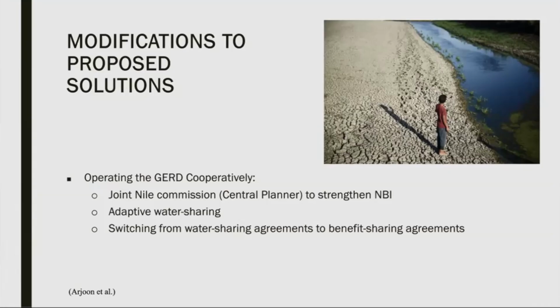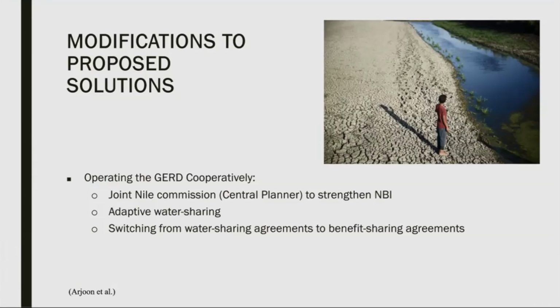And it makes it better for other countries as well, because if they give Egypt a fixed allocation of water, it just doesn't leave enough water for everyone else. And that's one way that that can be shared. Also, switching from simply water sharing agreements to also sharing benefits. Not every country needs all the water in the Nile River Basin.